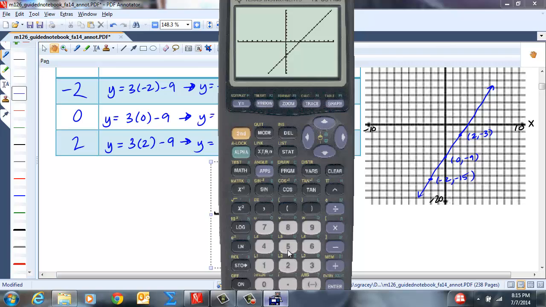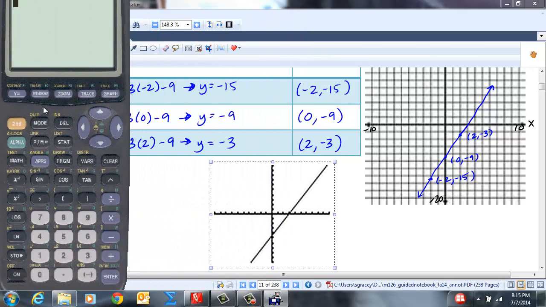One way to fix this, which we cover more in depth later, is zoom square, option 5. But if we change the scale, we won't have a square zoom, so we'll save that for later. Here it is, it's pretty close. Sometimes there are slight differences, but you get the gist of it.